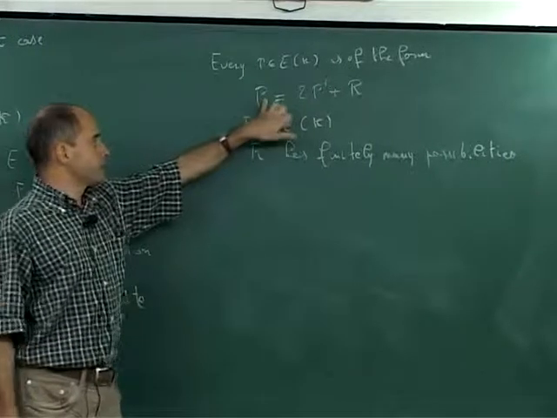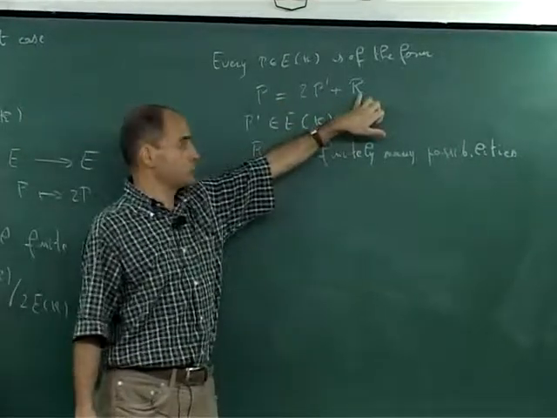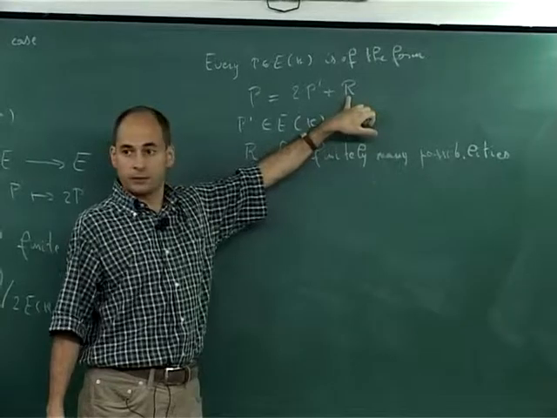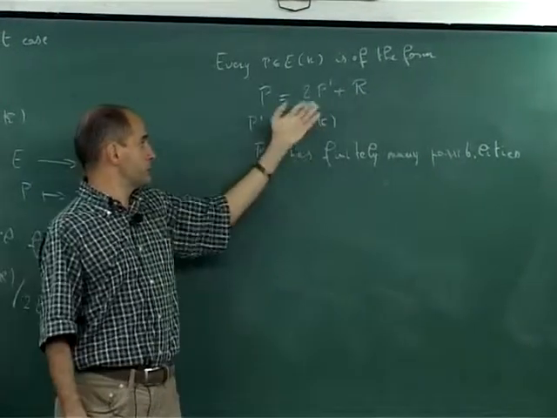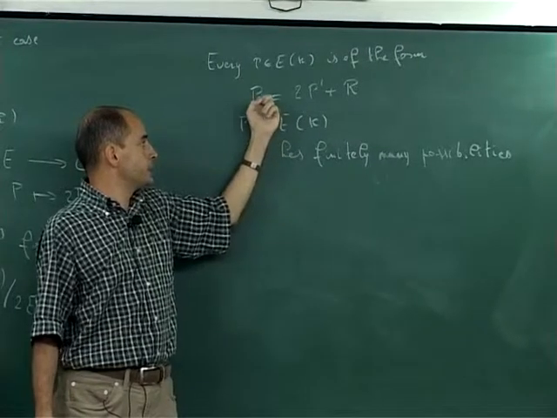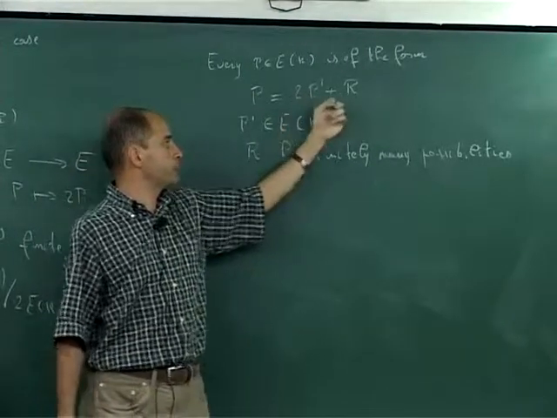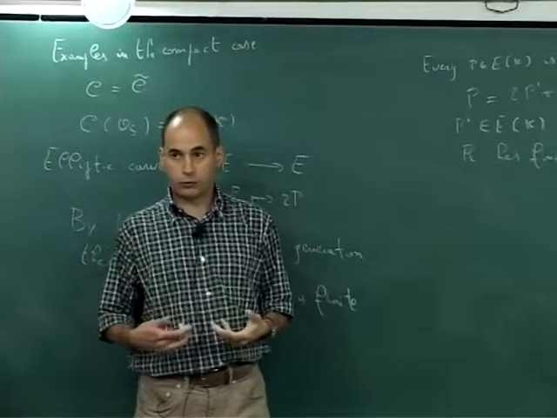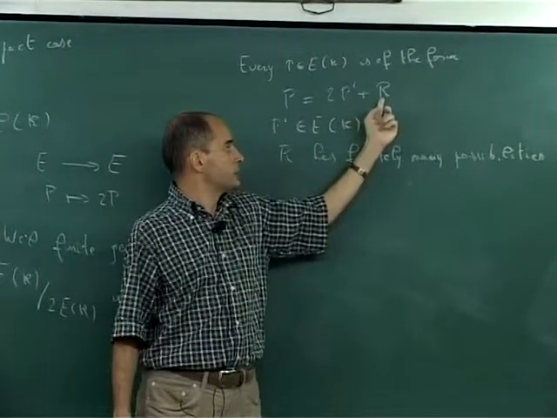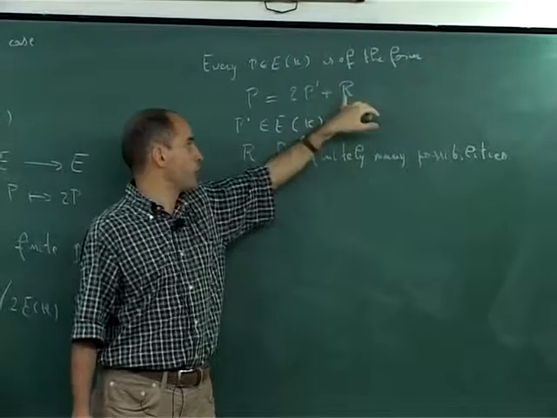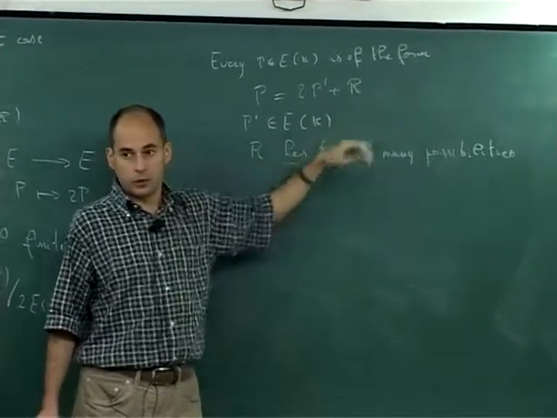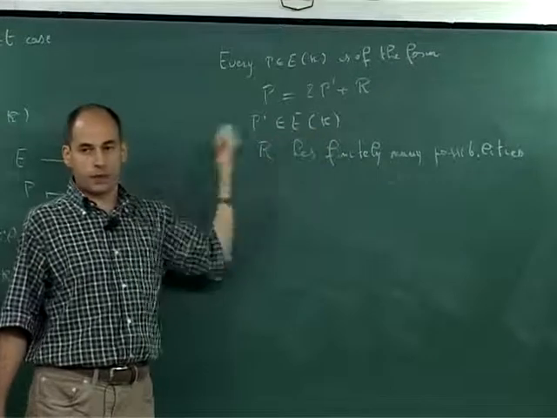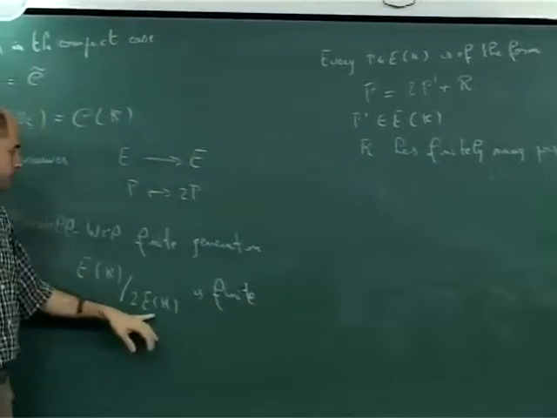So if you want to divide by 2, you have just to divide the R, this finite set of representatives, and so you obtain that every point P is the sum of a rational point plus a point in a finite set, and there will be a finite extension of the ground field containing the coordinates of all these R over 2, the halves in this sense of the points R. So over a finite extension of the field of rationality, you can say that every point becomes of the form 2P.